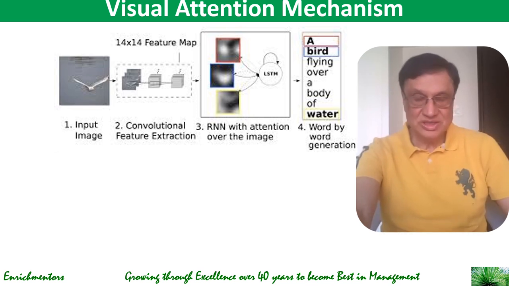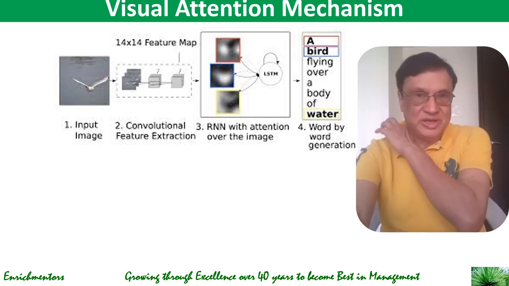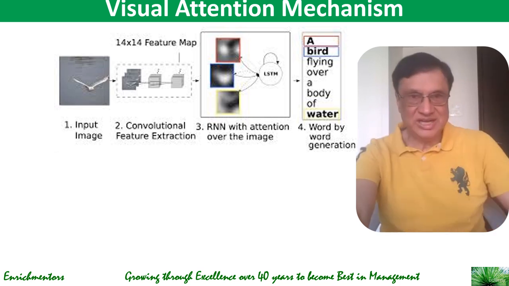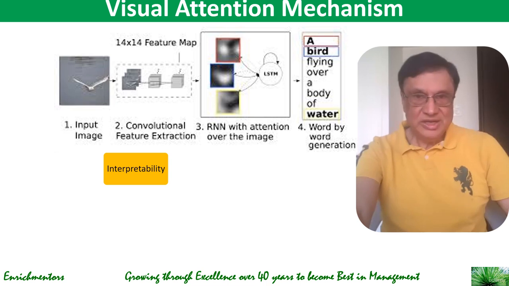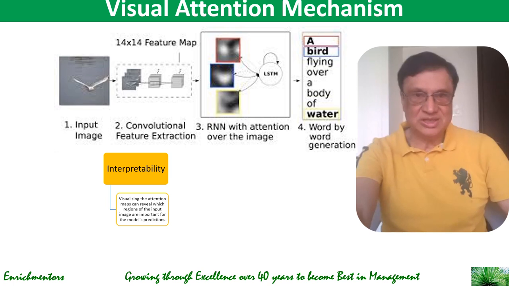So it allows specific areas of the image to be emphasized while processing to make predictions. Now, how does that help in interpretability? Visualizing the attention maps can reveal which regions of the input are considered more important for the model's prediction. And this helps users understand where the model is looking and what features it is focusing on.